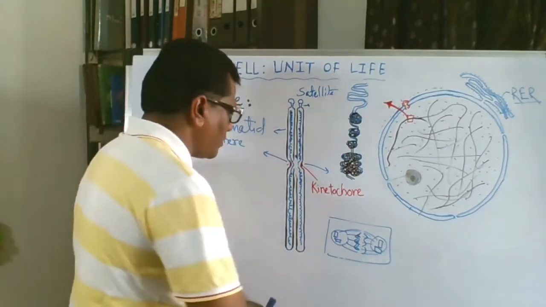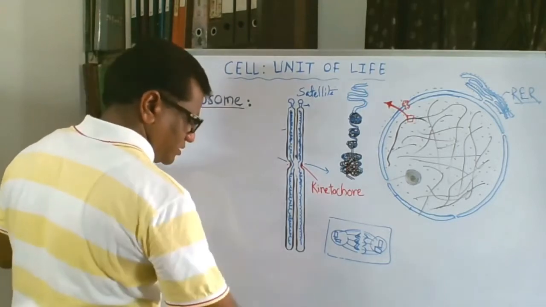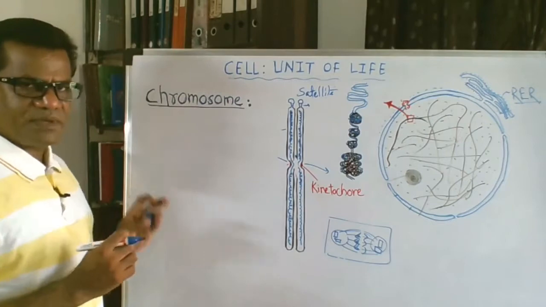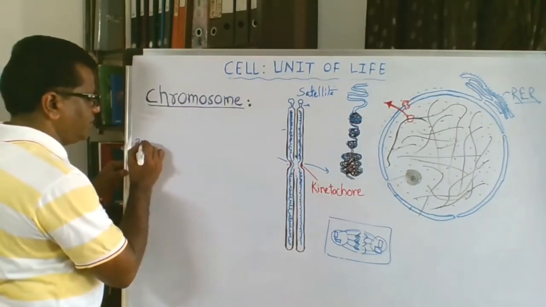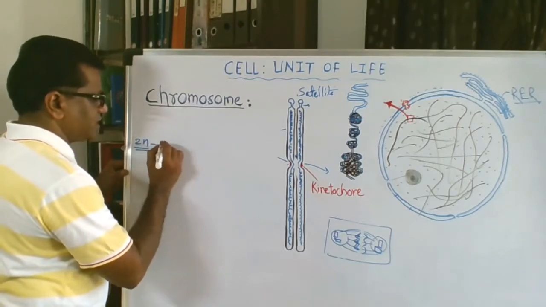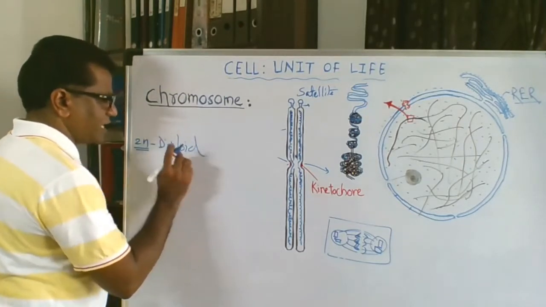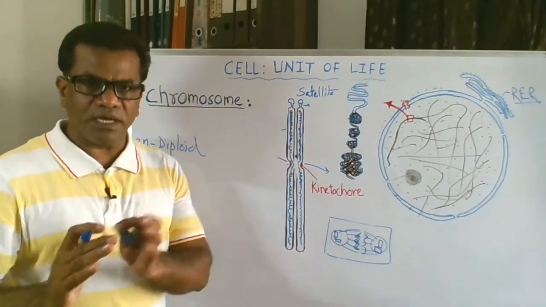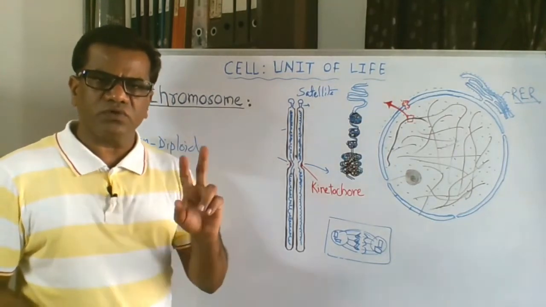Now come to the number of chromosomes. We will discuss some aspects here also. The chromosomes present in an organism, in higher organisms, are generally diploid, represented as 2n. Prior to that, let me explain that the number of chromosomes differs. There are organisms with 2 chromosomes only.